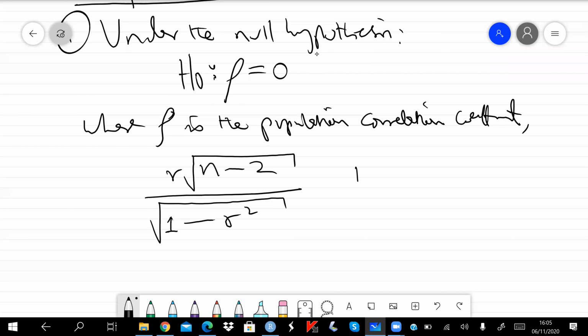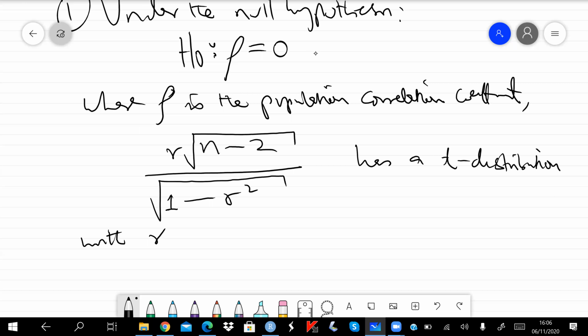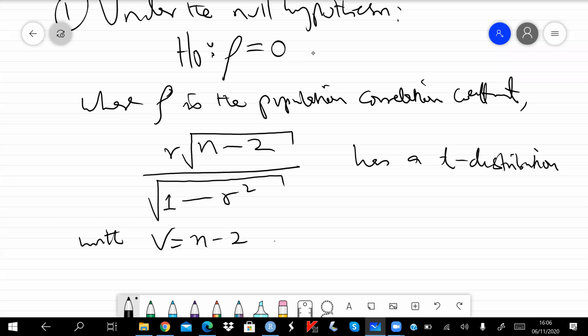This item has a t distribution with degrees of freedom nu equal to n minus 2.